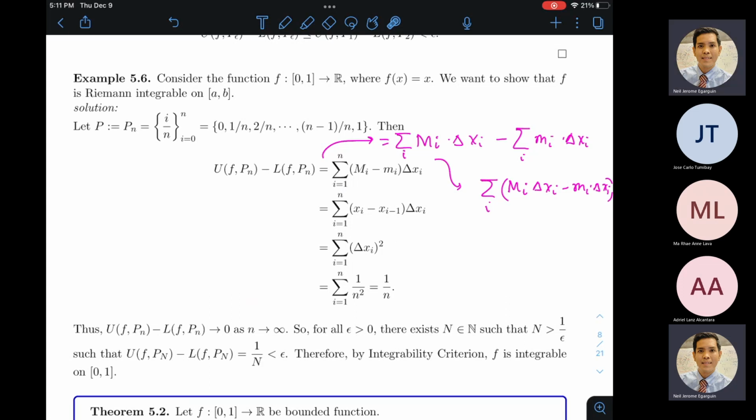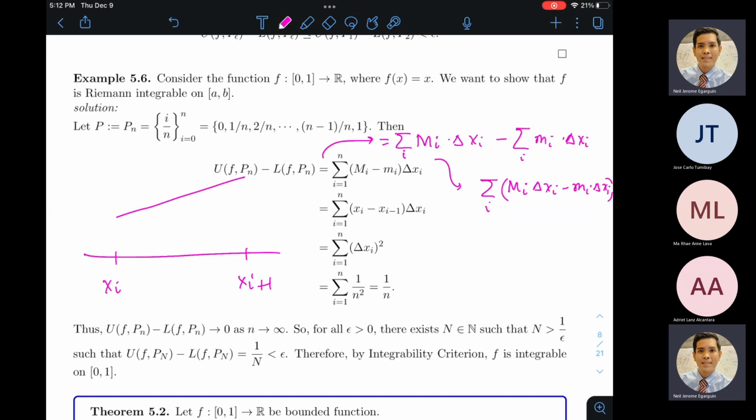And then, ano ba yung suprema M sub i at ano yung infima m sub i sa mga subintervals na nandun sa partition inducer. All right? Remember, our function is f of x equals x. So sa isang interval x sub i hanggang x sub i plus 1, ito yung itsura ng graph niya, right?